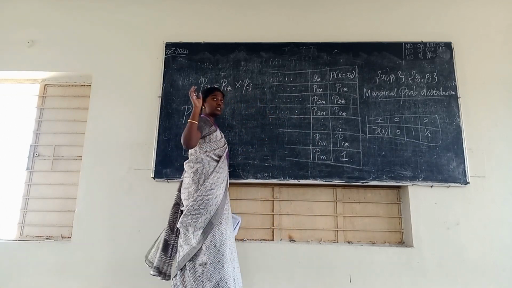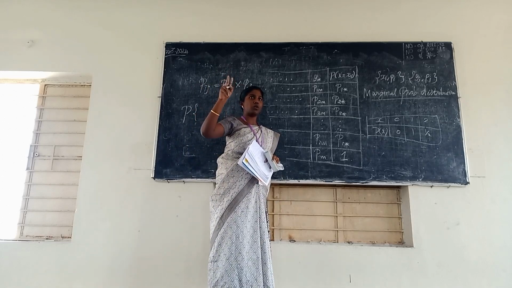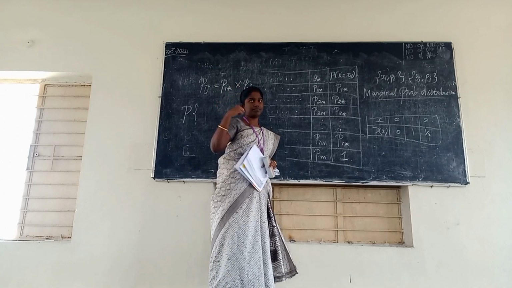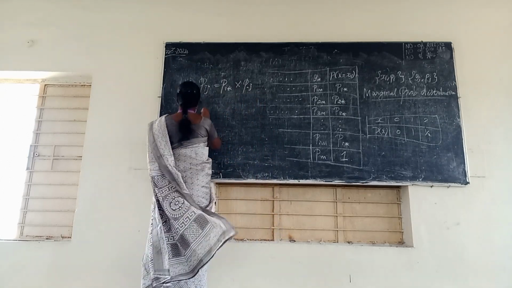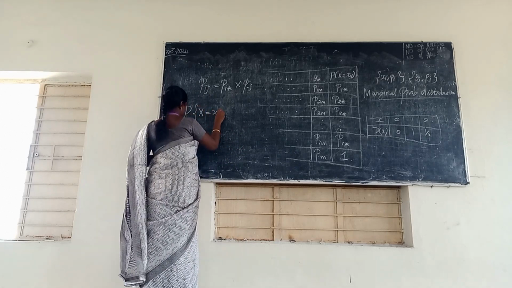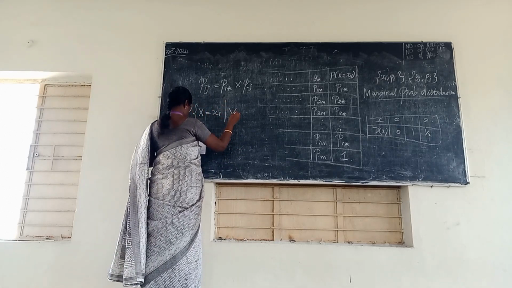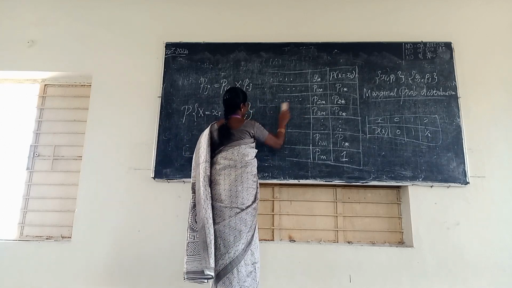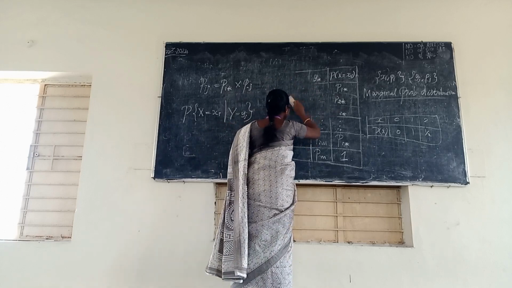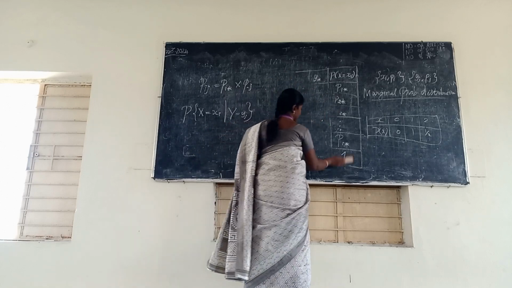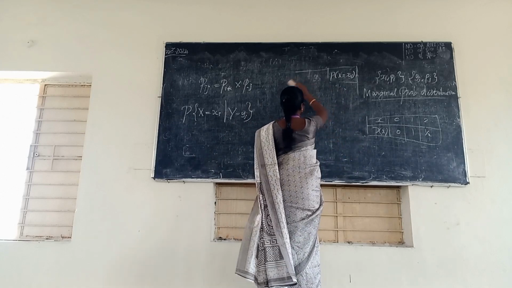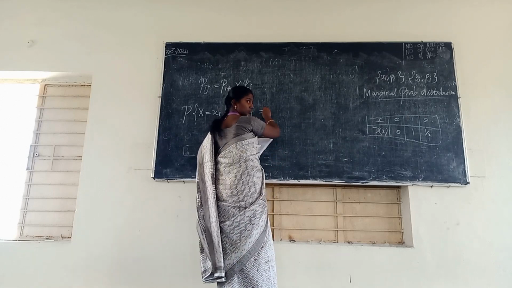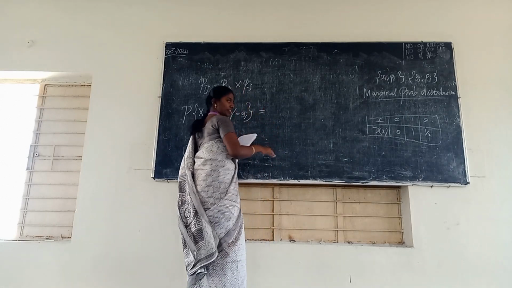That is for two events. Now we are going to see the conditional probability for two random variables. So P of x equal to xi given y equal to yj.